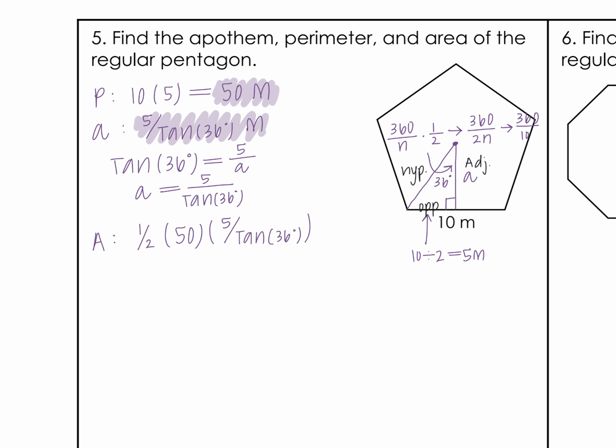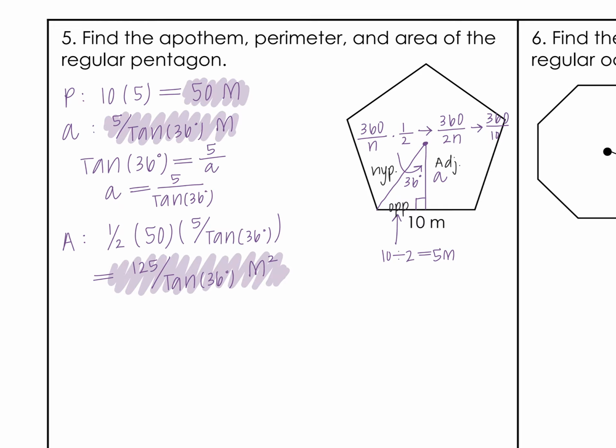So 25 times that 5 is just going to give me 125. And then we'll have that divided by tangent of 36 degrees still, with our units meters squared. And then at this point, if you're not enrolled in my class where they're not allowed to use a calculator, you could plug this in to your calculator to get what it's actually going to be equal to.